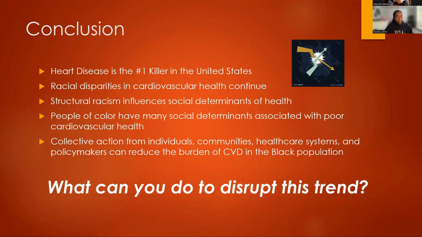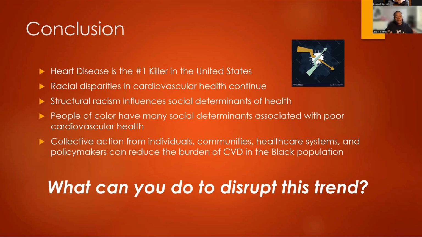So overall, please recognize that heart disease is the number one killer in the United States. Racial disparities are present in the United States with regard to heart disease. Structural racism influences social determinants of health, and people of color have many social determinants that are associated with poor heart health.